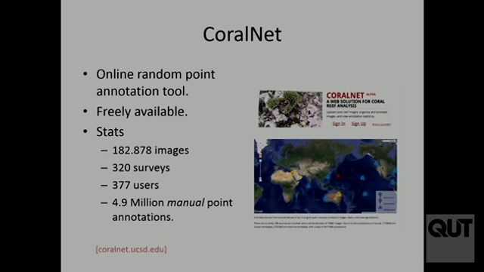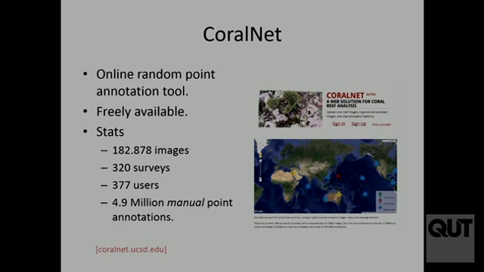within the project that's in San Diego. It's an online random point annotation tool that is freely available, and it allows researchers from around the world to upload their own photographs, define their own label set, and churn through the images using this semi-automated method. It's meant to alleviate some of the workload.